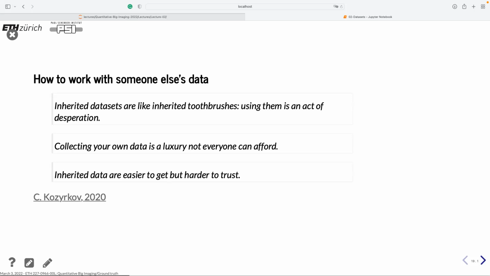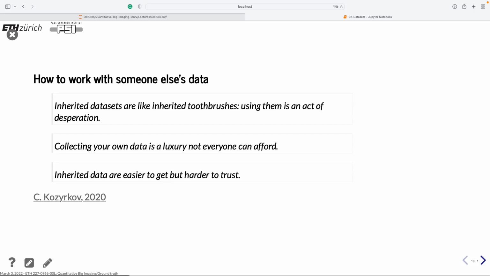Here is a comment from a paper she wrote on how to work with other people's data. Her first analogy is to say that using inherited data sets is like inheriting a toothbrush from someone else. It's an act of desperation. You can do it, but it's not the ideal thing.